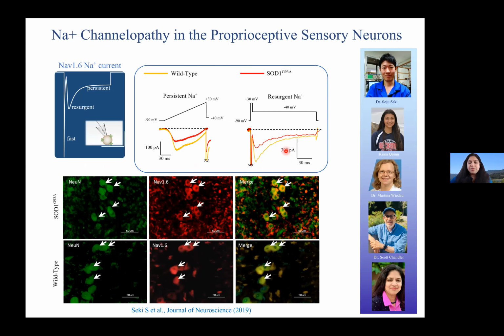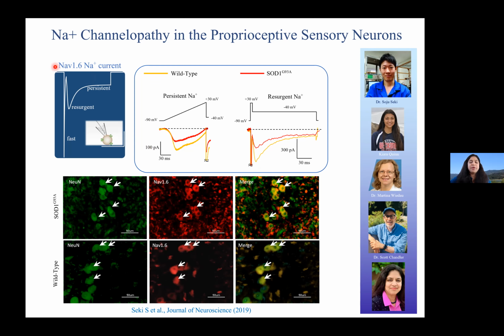So we were then interested in what is causing this sensory abnormality, and Soju looked at another way to basically measure some of the ion channel currents that are causing these action potentials. So one key one in these neurons is a sodium current.